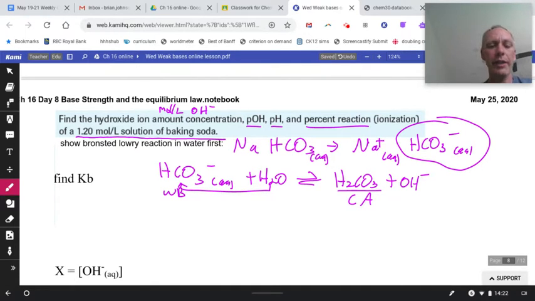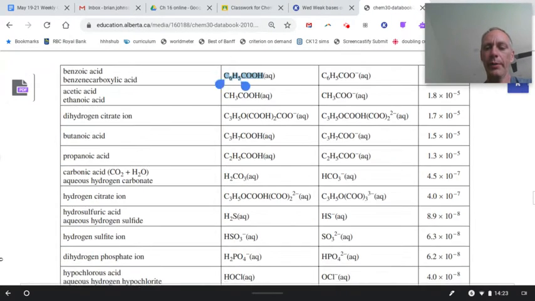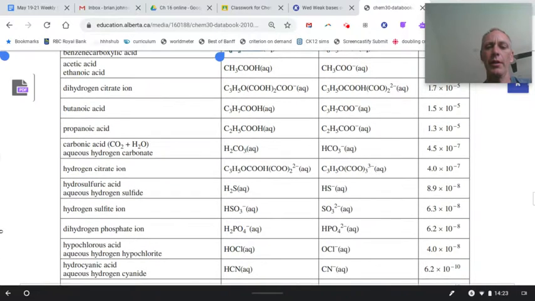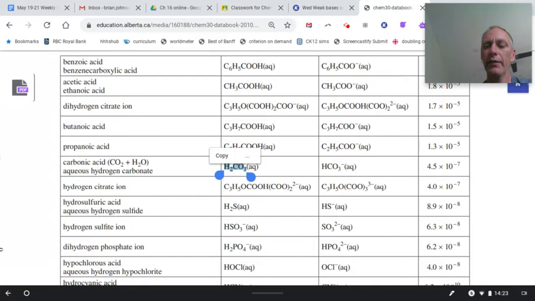Kb equals Kw over Ka. Here's our conjugate acid, H2CO3, so we have to go look that one up. H2CO3 is right here. There's the acid, so we need the Ka of its acid: 4.5 times 10 to the negative 7.